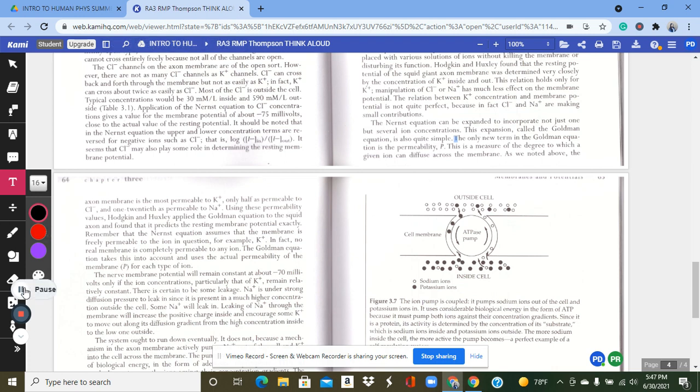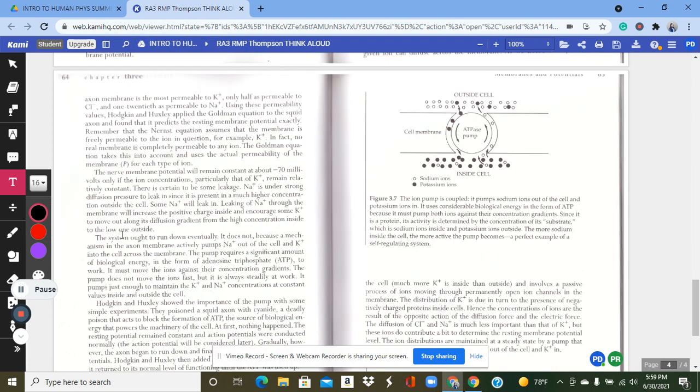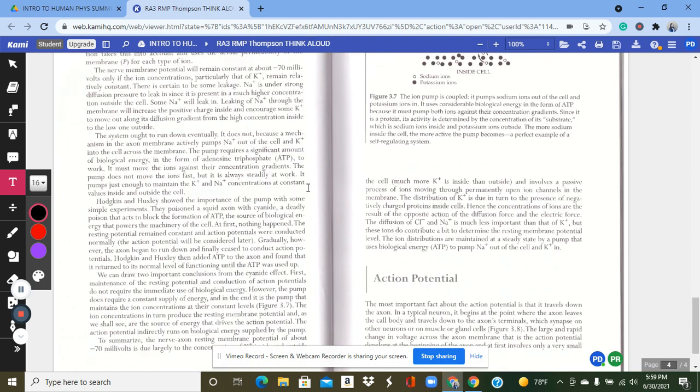So yeah, basically I think the Goldman equation is used to determine this reversal potential across the cell membrane. And as mentioned, it takes into account all of the ions that are permeant through the membrane.